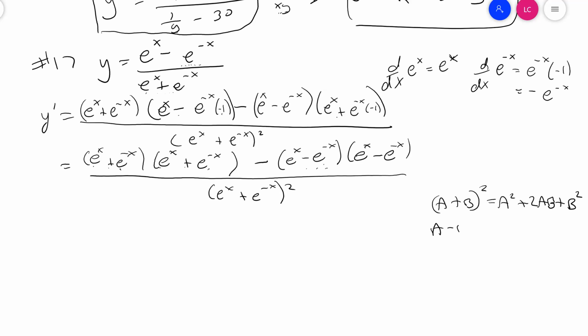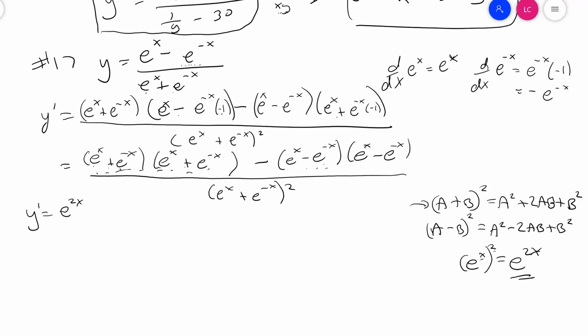So a minus b squared will be a squared minus 2ab plus b squared. So let's do it. Using this here gives me e to the x squared. E to the x squared is the same as saying e to the 2x. You multiply numbers when they're separated by parentheses like that.